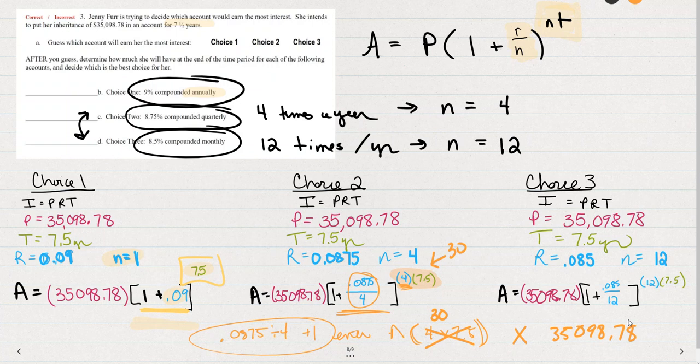And for this last one, choice 3, you do the calculation in the same way you did choice 2. So I'm going to leave that for you to do. Again, if you want, you could do this shortcut: if something happens monthly, that's 12 times in a year, and if that's going for 7.5 years, that means the exponent is going to be 90.